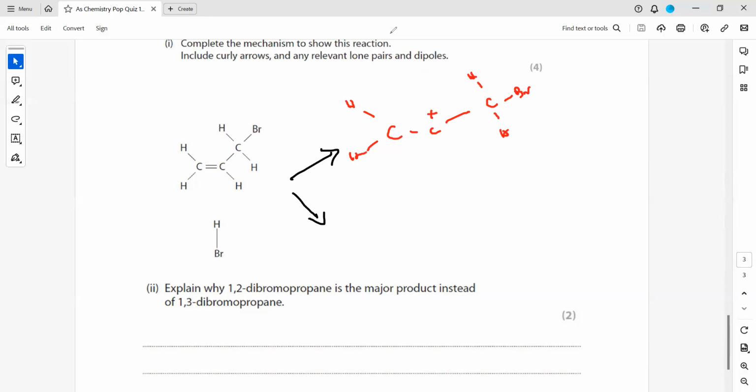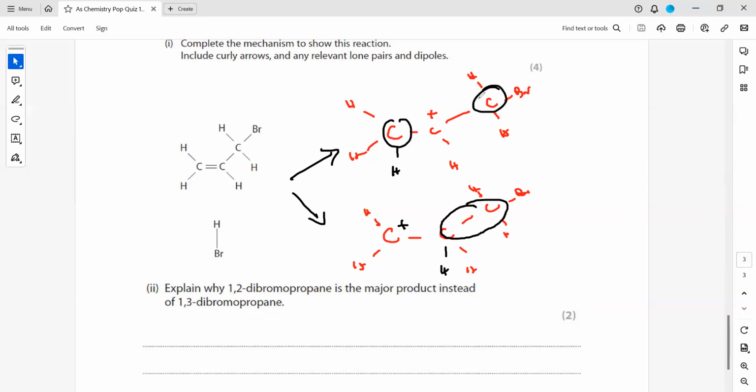So one possibility, this will be a carbon cation and then hydrogen. This carbon cation is surrounded by two alkyl groups. But the second possibility, if I draw the same structure, if hydrogen is attached with this one, then this will be the carbon cation, surrounded by one carbon chain.